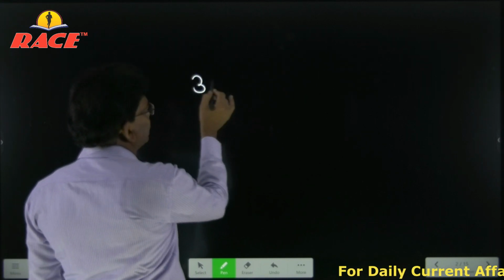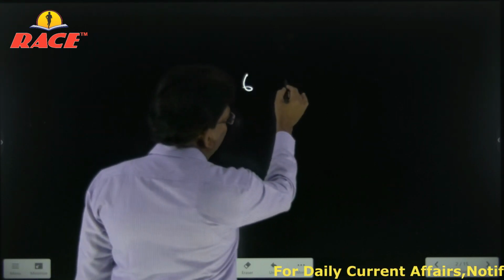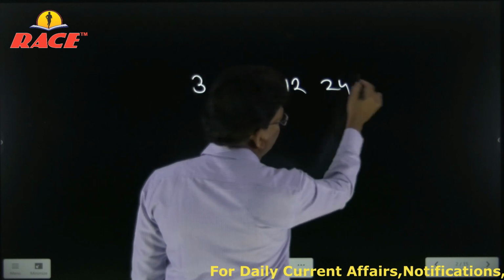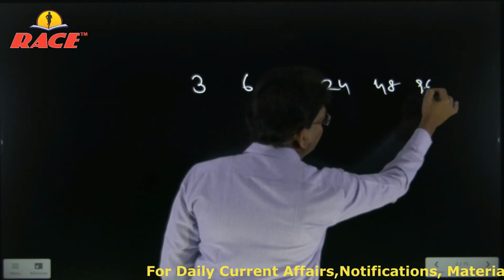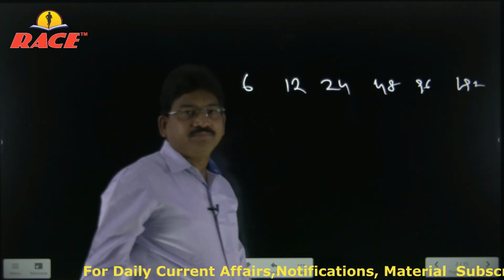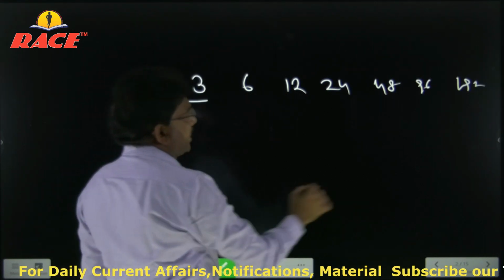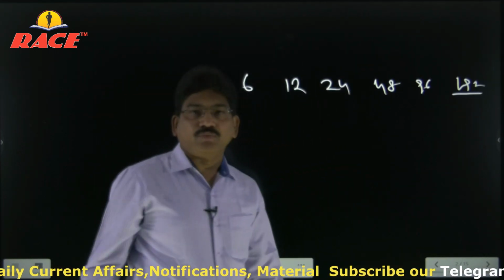If the series starts with a smaller number and ends with a bigger number, the relation may be multiplication, like 3 into 2, 6 into 2, 12 into 2, 24 into 2, 48 into 2, 96 into 2, 192. Starting with a smaller number 3, ending with a bigger number like 192.